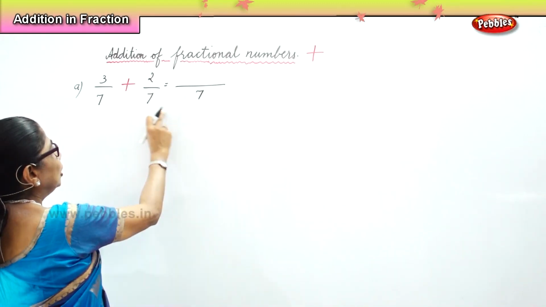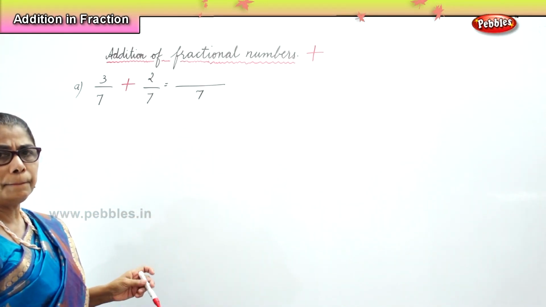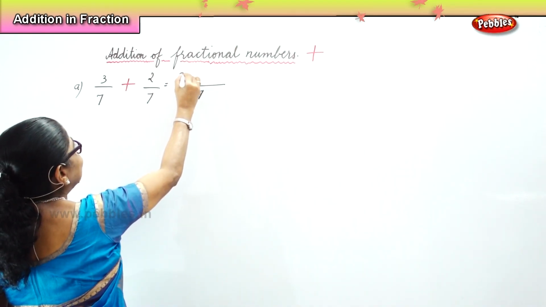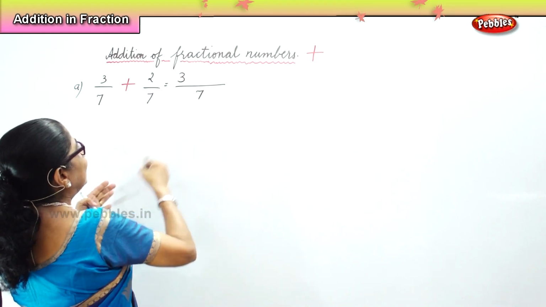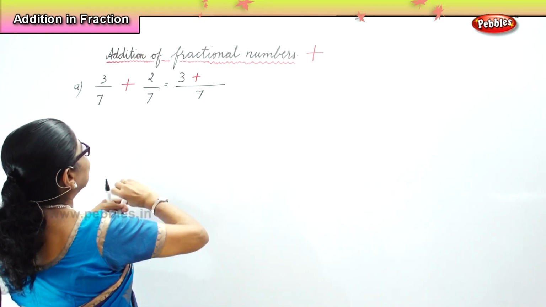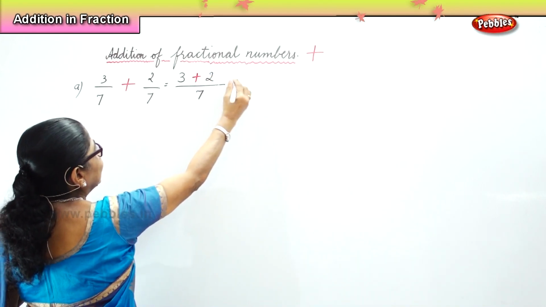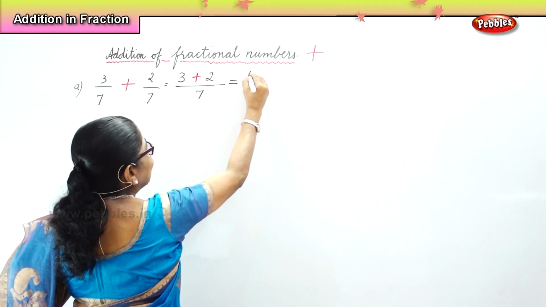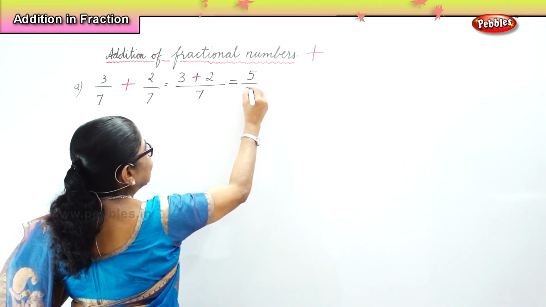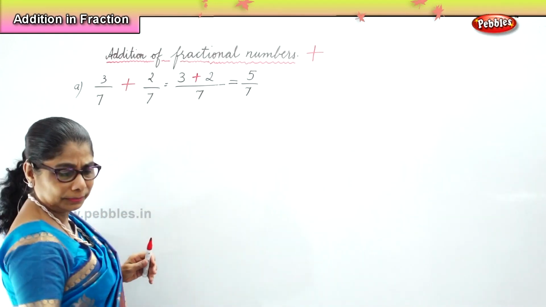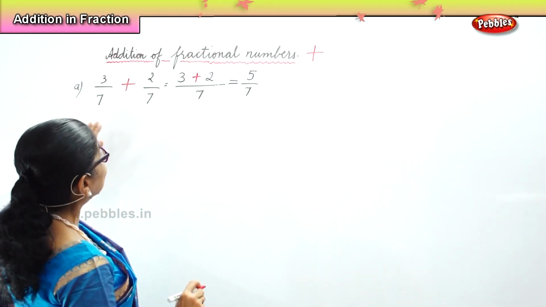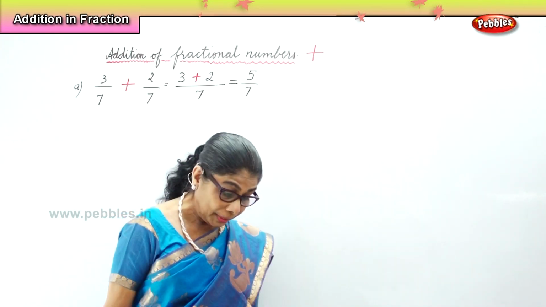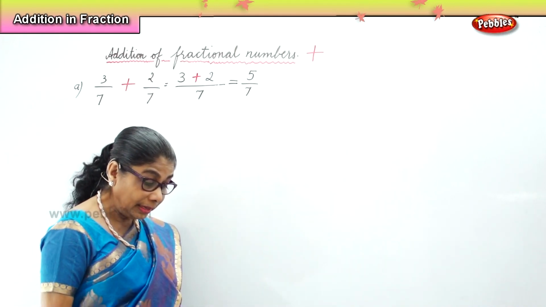Then when the denominators are same, you simply add the numerators. So 3 plus 2 is 5. 5 by 7, and that's your answer. So that's what we mean by addition of fractions with the same denominators. When it is the same denominator, it's very, very easy.